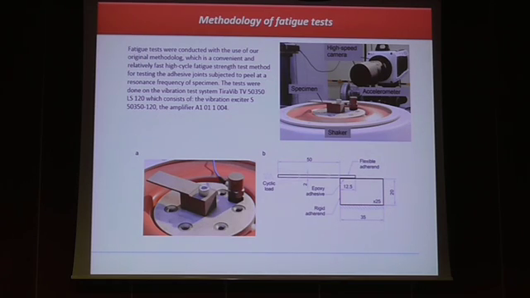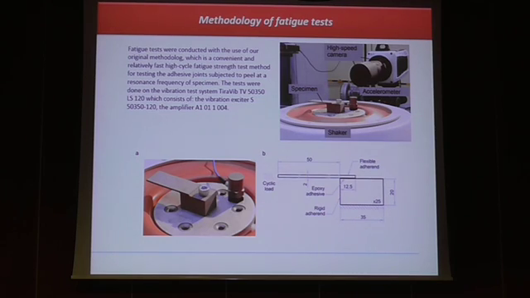The lowest level of the dynamic load was the value at which the specimen did not fail after being loaded by 2 million cycles, and the resonance frequency of that specimen was about 600 Hz.